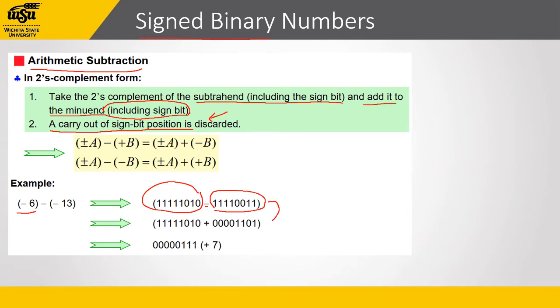So we take the 2's complement of negative 13, which is this one, and we change negative to positive based on these steps. And then it becomes a simple addition, and we get this, which is equal to positive 7. And we know that this 0 means positive.